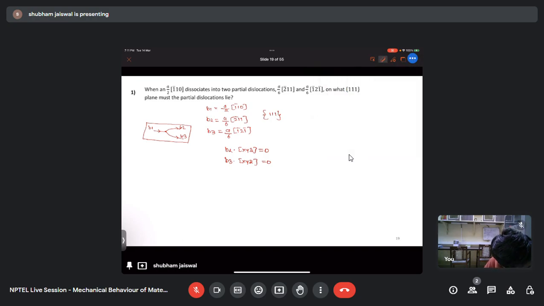We have 4 planes: 1 bar 1 1, 1 1 bar 1, 1 1 1 bar and 1 1 1. So put these in the place of XYZ and find out for which of these 4 the dot product becomes 0.